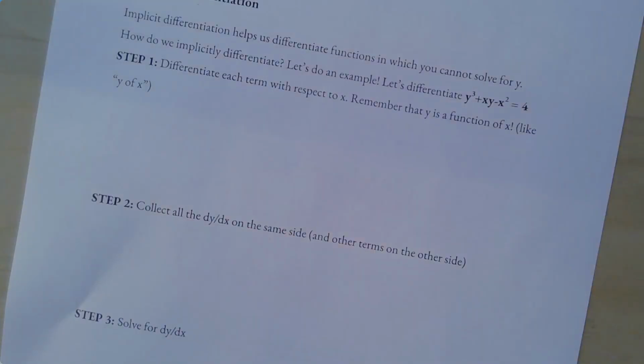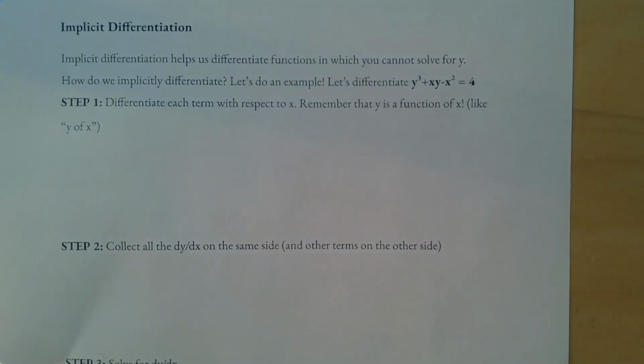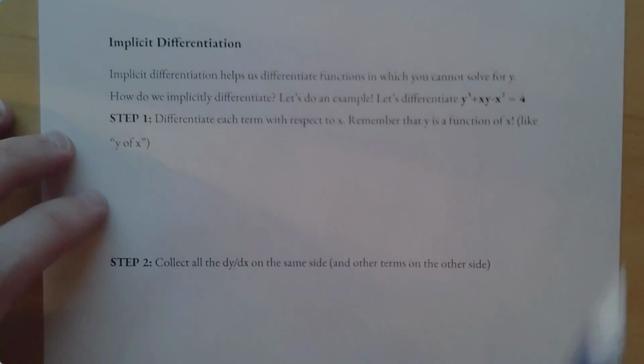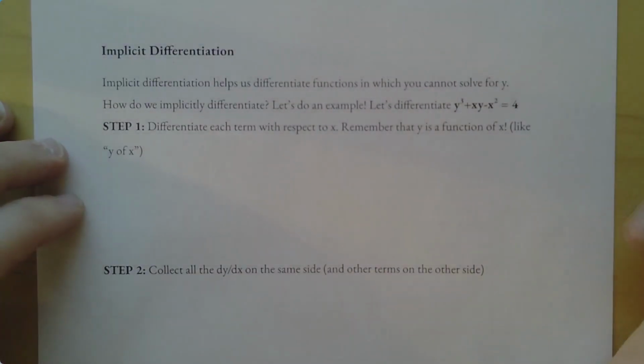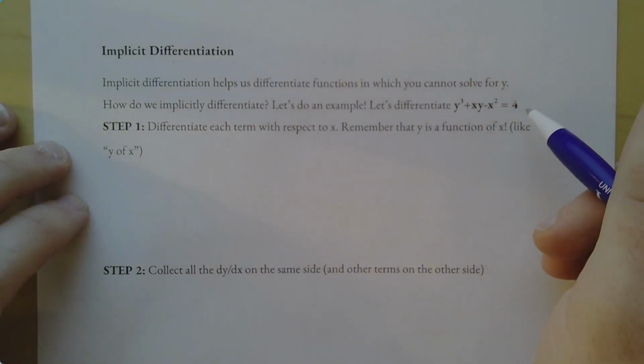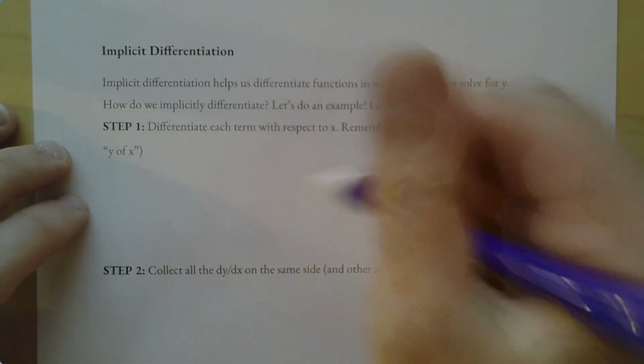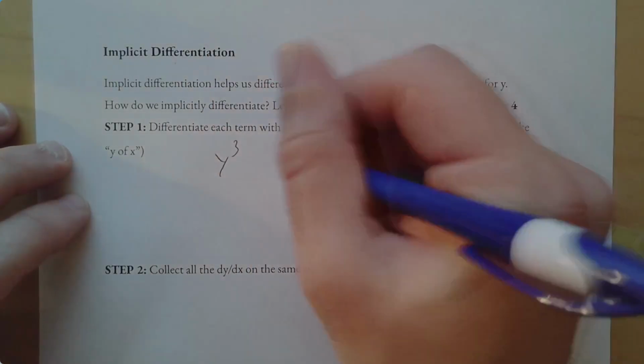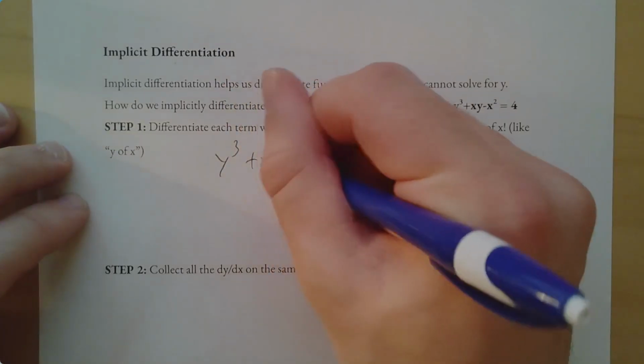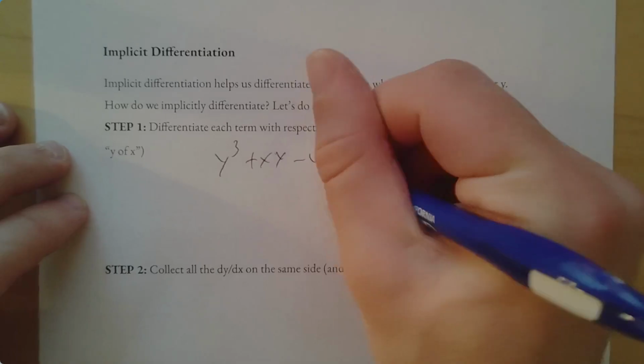All right, implicit. We would have gone over this on Thursday. I'm recording this on Wednesday, so this would be tomorrow. We're doing this, so hopefully it's fresh in your head. Basically, when you implicitly differentiate, I'll just start by copying it. x y plus y cubed minus x squared equals 4.